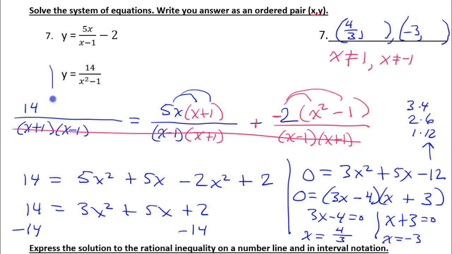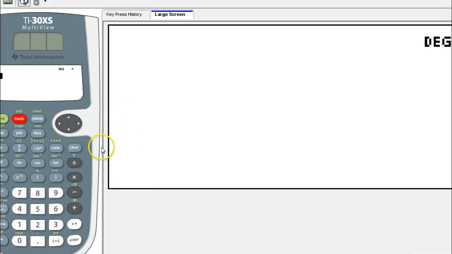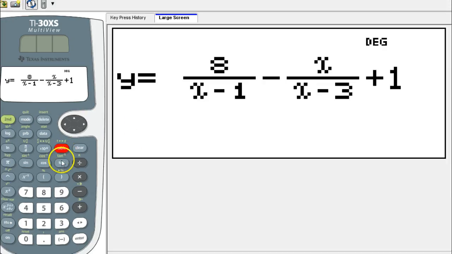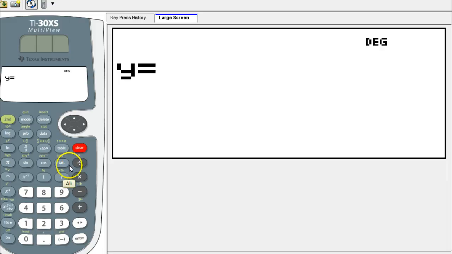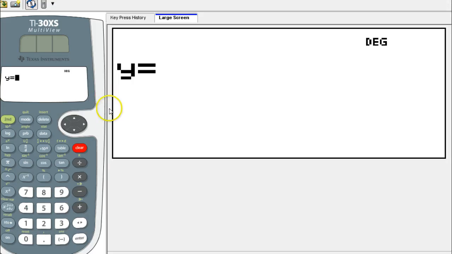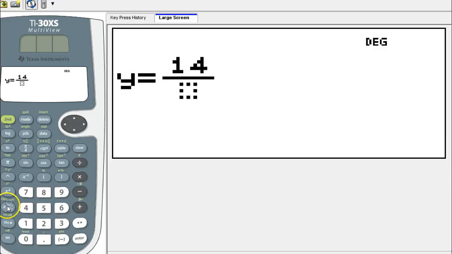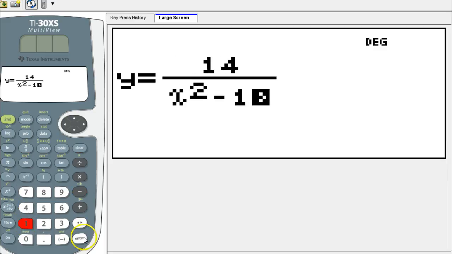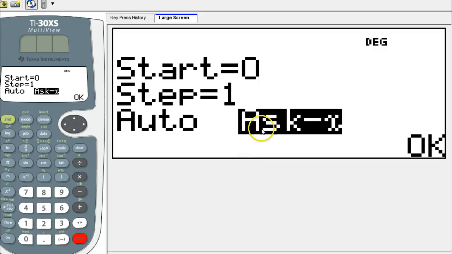I'm going to go ahead and pick this one, and I'm going to use my calculator to help me out. All right, go to your table function, and I'm just going to type this in, 14 over x squared minus 1. I'm going to use Ask X mode, so I recommend you do the same.